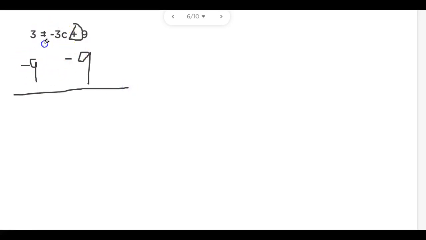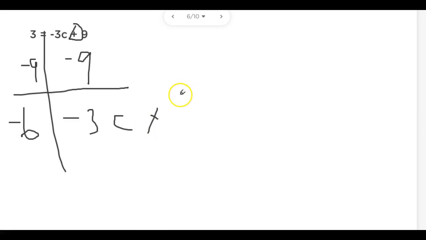All right. So you have a positive 3 and you got plus a negative 9. 3 plus a negative 9, or 3 minus 9 gives you a negative 6. And then you have negative 3c. We're going to use inverse operations, and that's basically multiplying both sides by a negative 1/3, or dividing both sides by 3.